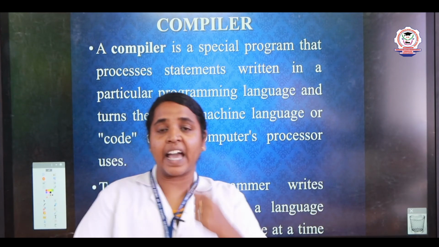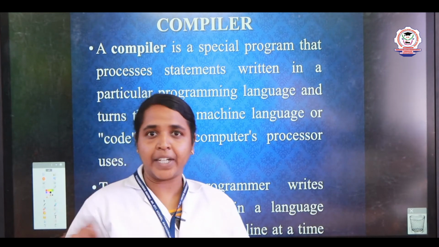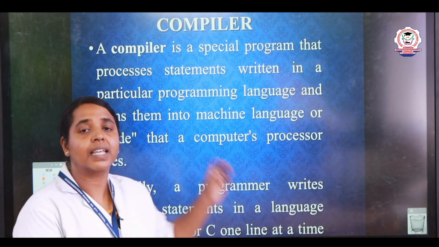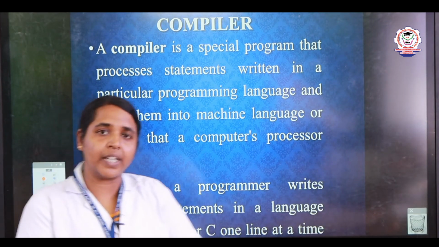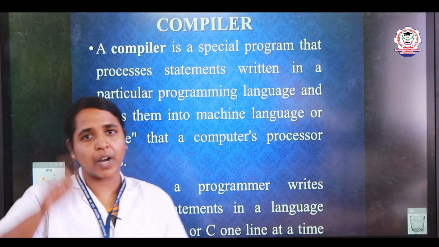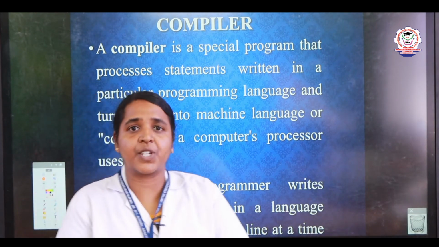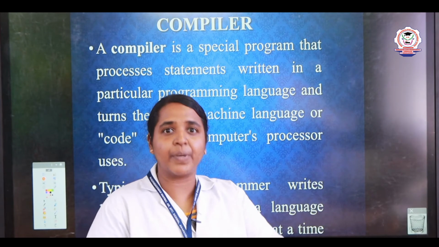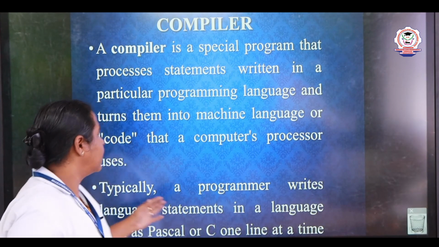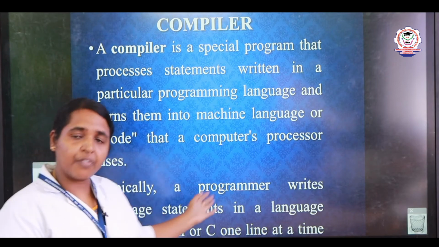If you use a high level language to write a program, that execution process is known as compiling. If you want to run the program, you have to compile the program. First, it checks whether all the instructions are correct or whether some error will occur. So this is what a compiler is. What is the use of a compiler?